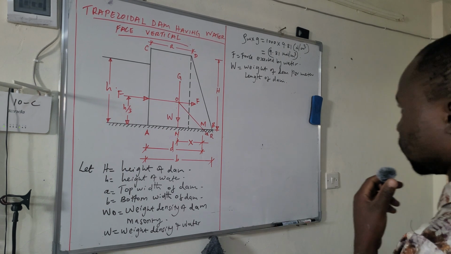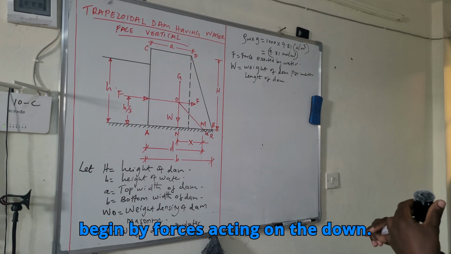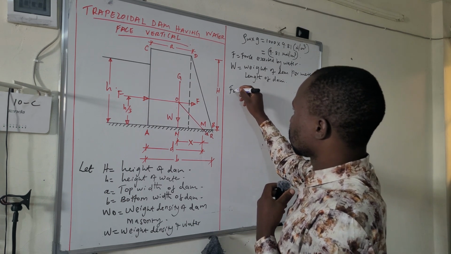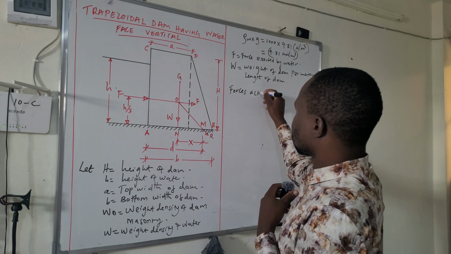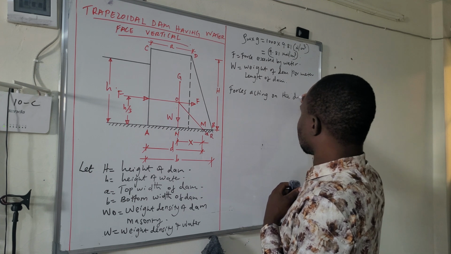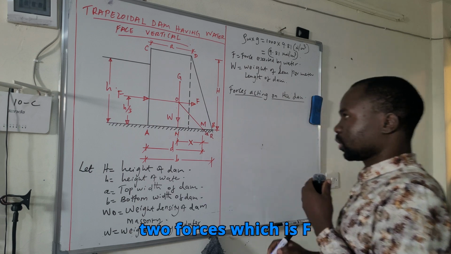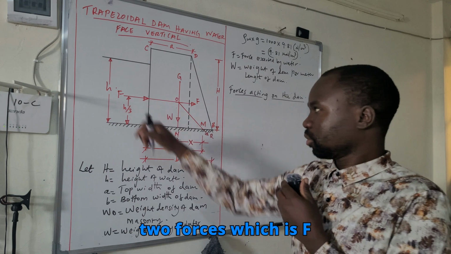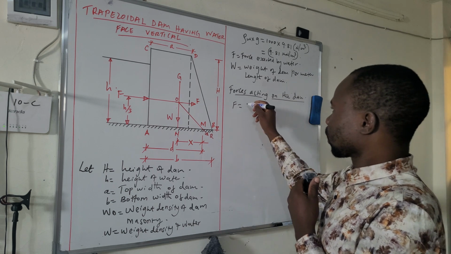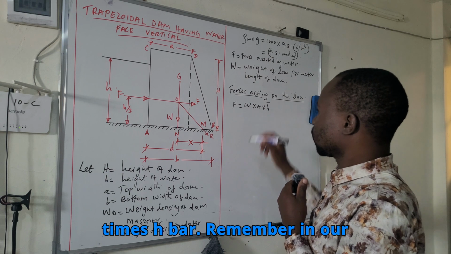Now, let's start analyzing this dam. I will begin with forces acting on the dam. So we have two forces, the first being F. F is given by small w times area times h bar.